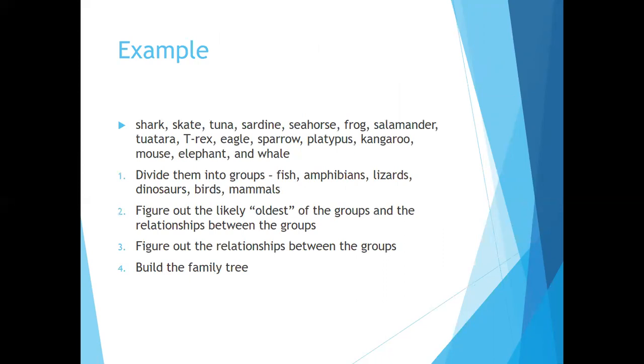We're now going to follow an example that was listed in the lab manual. In this, I received a packet of cards with pictures of a shark, a skate, a tuna, a sardine, seahorse, frog, salamander, tuatara, T-Rex, eagle, sparrow, platypus, kangaroo, mouse, elephant, and a whale.